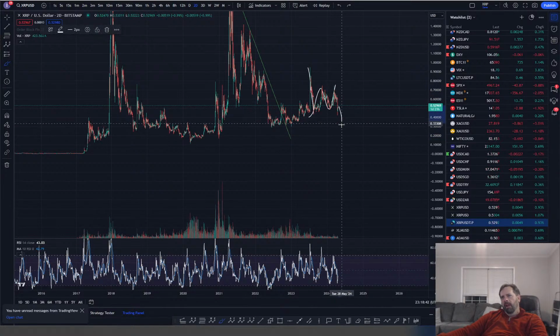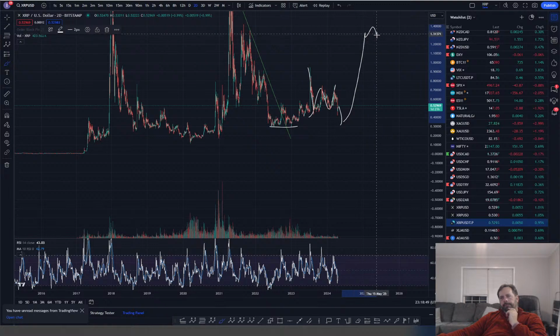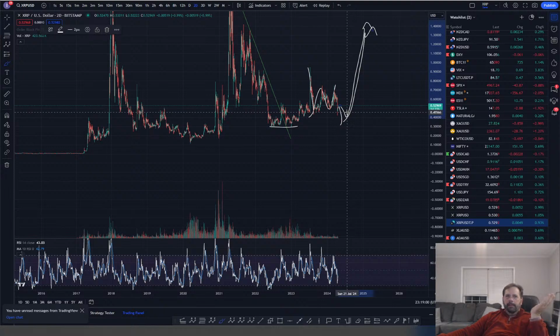Or it comes down right here, doesn't break the low, and then we go. So there might be a little bit more down, and then we pop. And that might coincide with a Bitcoin dump down to 50K, 48 to 50K, and then a pump.